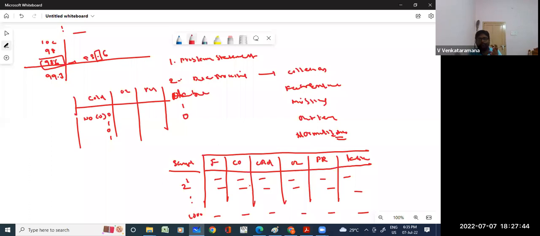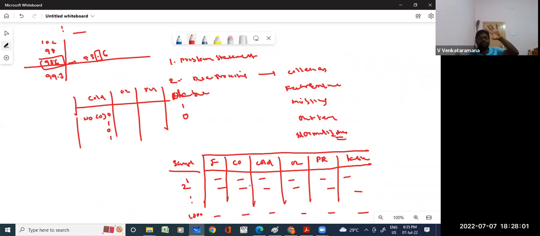If you observe here, it is a binary classification problem because you are going to predict a label whose value is either 0 or 1. So you have to identify which problem it is.